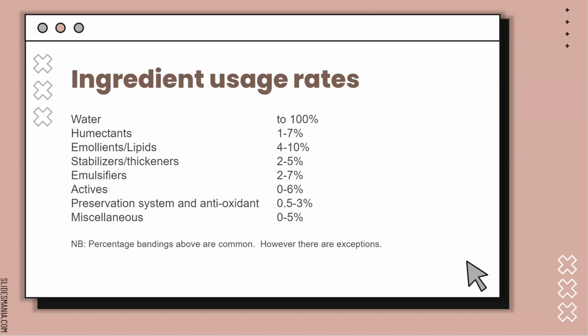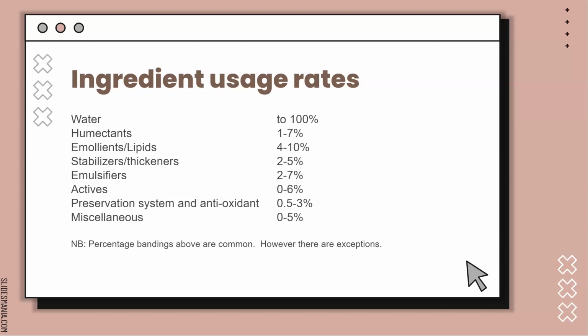However, obviously, depending on the type of product that you are analyzing, there are exceptions. And it's always good to refer to suppliers if you're formulating a product on the correct usage rate, just to ensure safety. And if you're just a consumer analyzing a product, it's also good to refer to supplier usage rates, which you can see online, to see what's the safe usage rate for a particular ingredient.